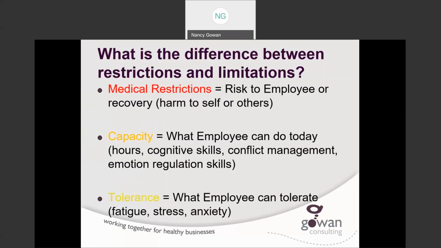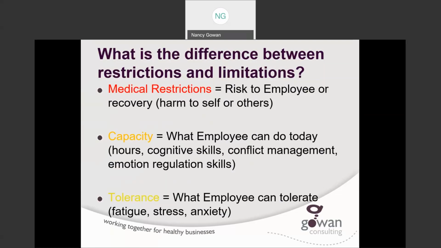So how does that stress impact that person's ability when they come into the workplace to do their job? It may affect their cognitive skills, how they can pay attention or remember things. And so, as an occupational therapist, we assess capacity for function.